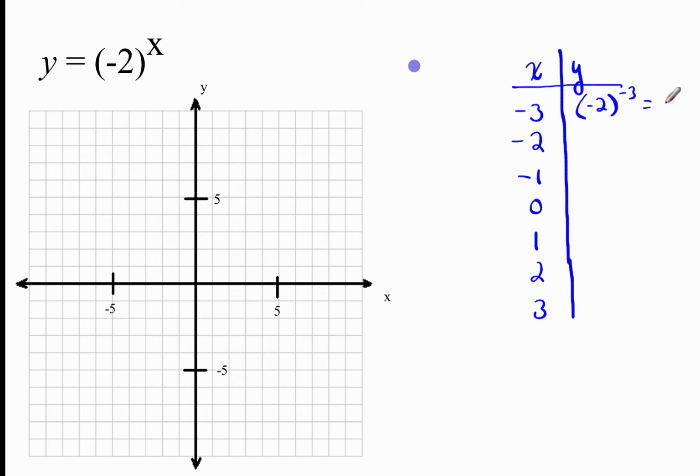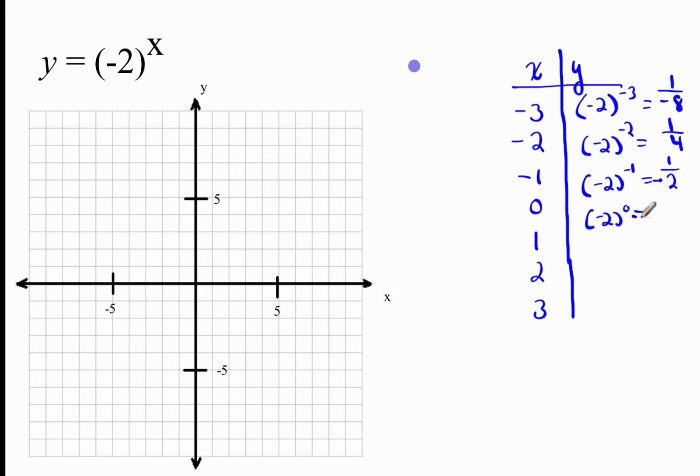Well, -2 cubed is -8, and then since it's the negative exponent, it becomes a fraction. -2 raised to the -2, well, -2 squared is 4, and then the negative exponent tells me to make it into a fraction. -2 to the -1, well, sorry, -2 to the first is -2. And then the negative exponent makes it 1/2.